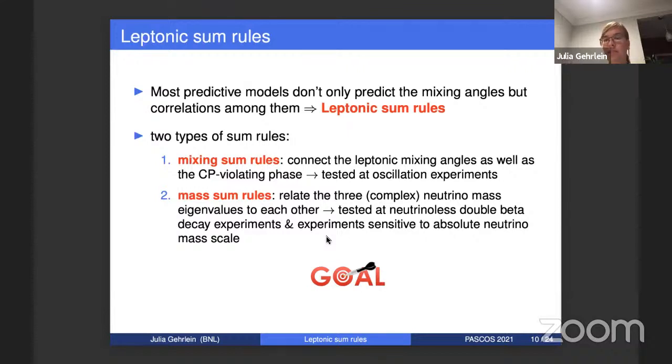There are mixing sum rules, which connect the leptonic mixing angles and the CP violating phase to each other, and these mixing sum rules can be tested at oscillation experiments. There is another type of sum rules, mass sum rules, which relate the three complex neutrino mass eigenvalues to each other, and these can be tested at neutrinoless double beta decay experiments and experiments sensitive to the absolute neutrino mass scale.